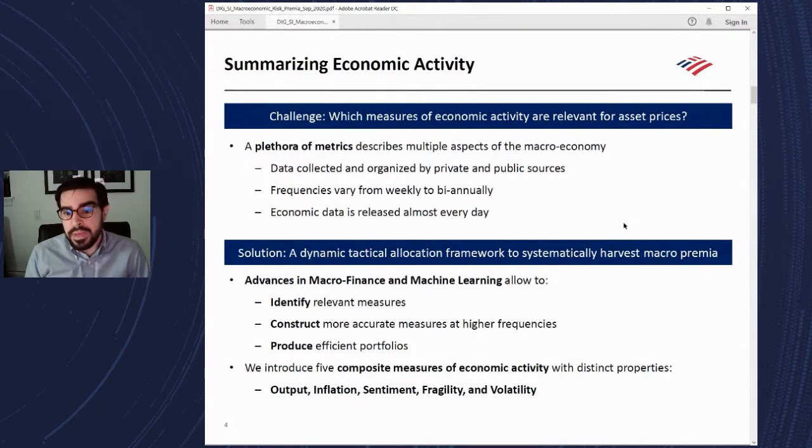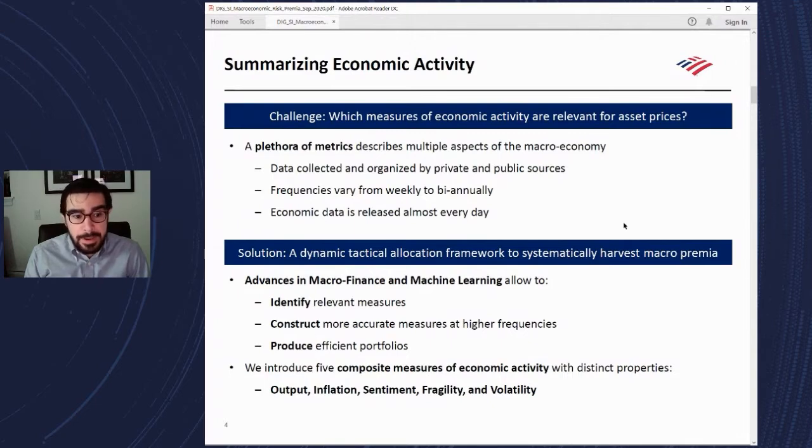Now, one big challenge in this exercise is, how do we define economic activity? There are multiple measures out there reported by either private or public agencies that are trying to describe and provide a depiction, a snapshot of macroeconomic activity at any given point in time.